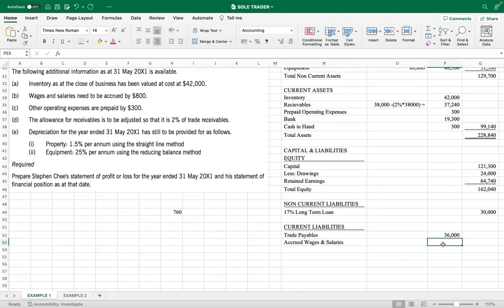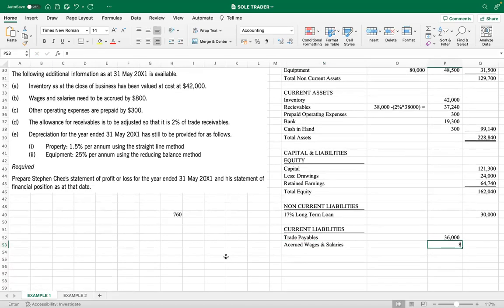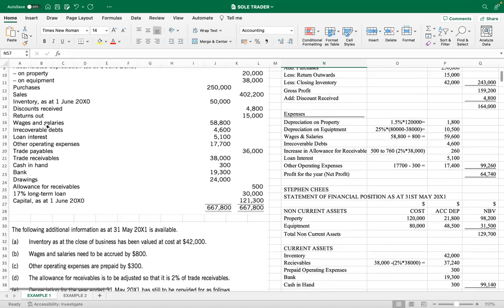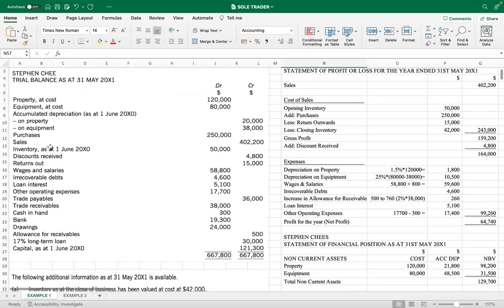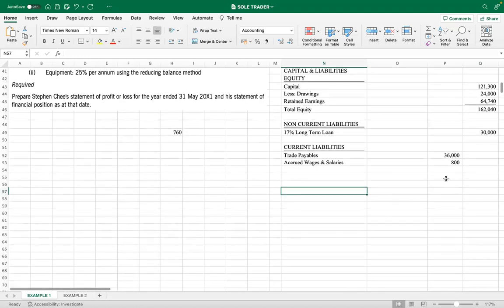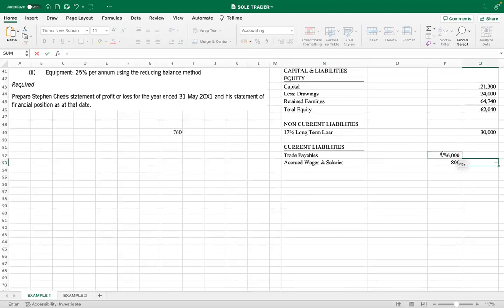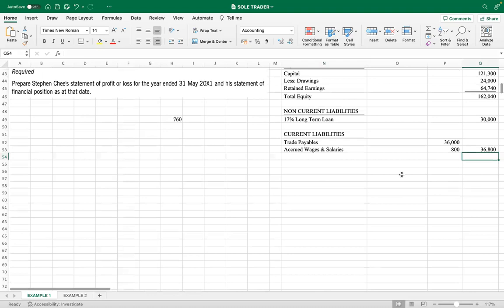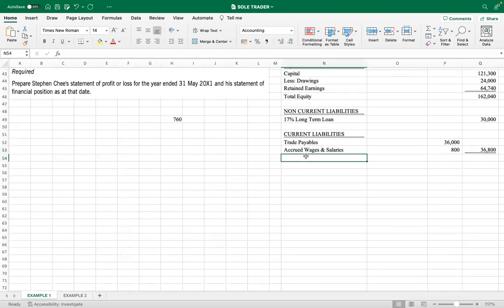Our accrued wages and salaries was 800. Let's check if there are any proposed dividends. Of course, this is a sole trader. So this is 36,000 plus 800. Maybe we check if there was any bank overdraft. Not there. So 36,800.